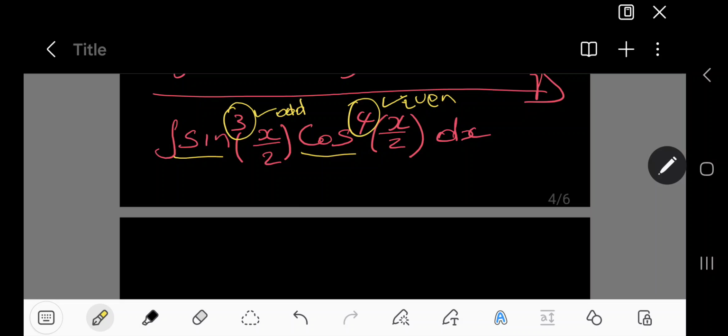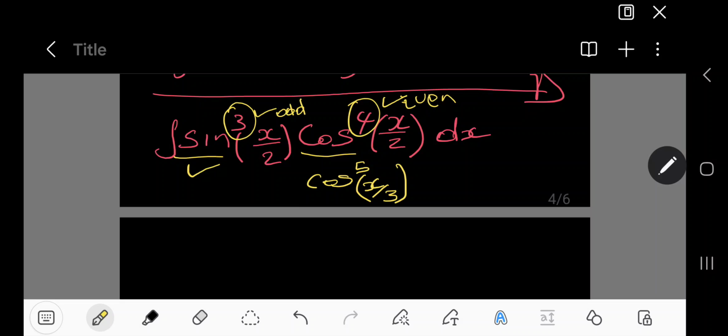When we're given two odds, let's say this was cos raised to 5, we're going to split the smaller odd. We're not going to split this one. We're going to come to this one and split it because it's the smaller odd.